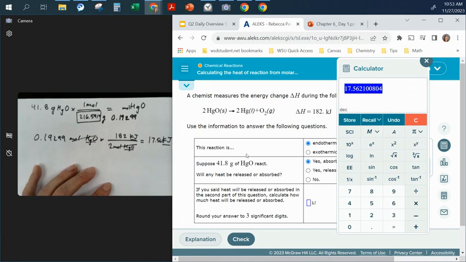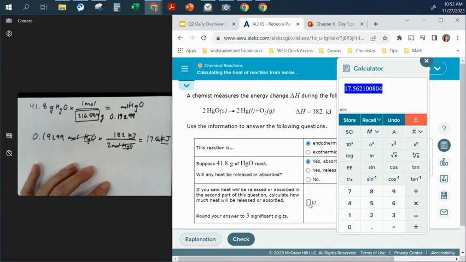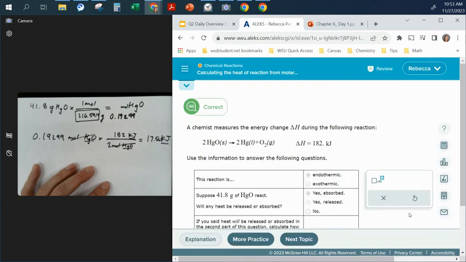This number has 3 significant digits. This one also has 3. We use both of those. So we can only keep 3 significant digits. So I'm going to round this to 17.6 kilojoules. Okay, questions on that?